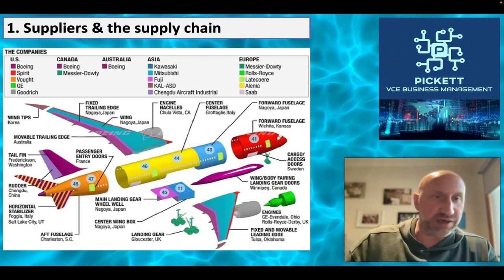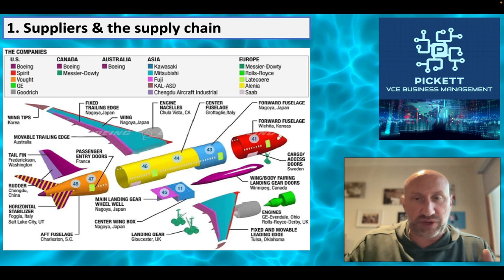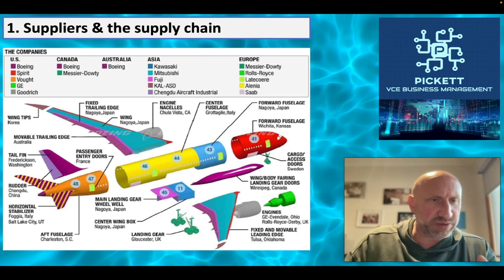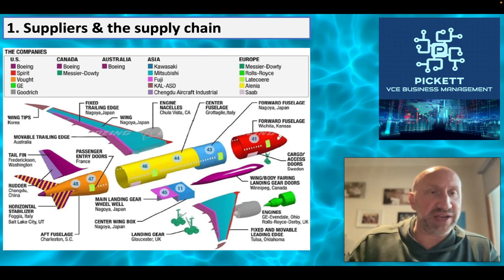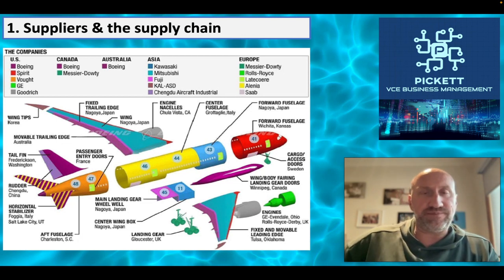And you can see the examples here. You've got Korea, Japan, some in America, Italy, Sweden, Canada, a few in the UK, Utah, South Carolina, China, Australia, even actually the moving trailing edge of the wings. It's actually in Melbourne. There's a place in Melbourne where that's made.